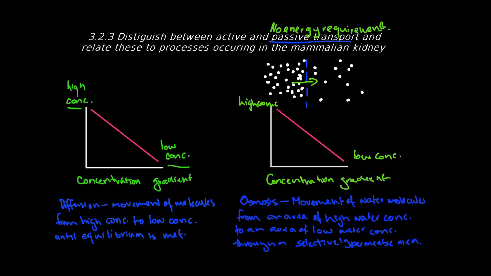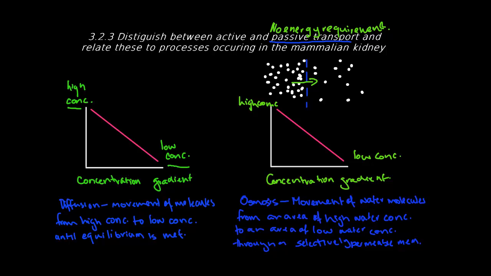So in summary, we see that diffusion and osmosis are both forms of passive transport. They passively move molecules, and in the case of diffusion, it's all molecules. In osmosis, it's specifically water molecules, from an area of high concentration to an area of low concentration. And we call this a concentration gradient, where the gradient is a slope.